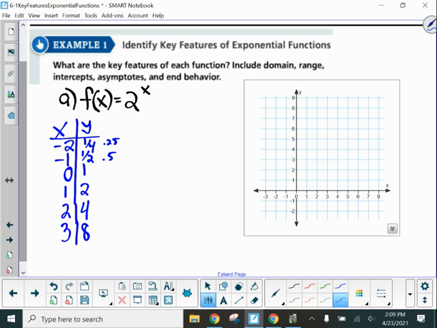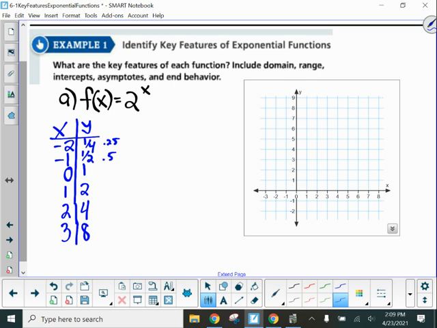Every time you do this, it's going to keep getting smaller and smaller. It's not possible for this exponential to equal a negative number. It's going to get very, very small and approach 0, but it's never actually going to cross that 0 line into the negatives.